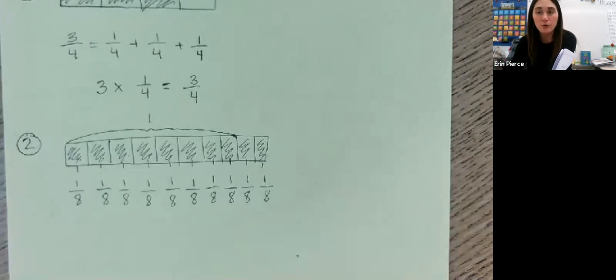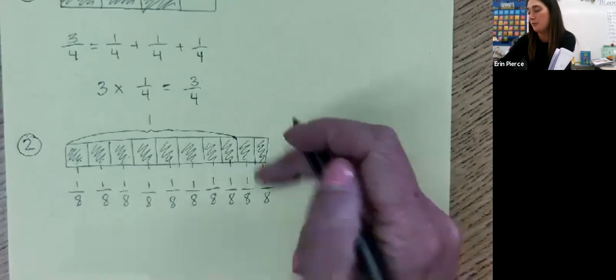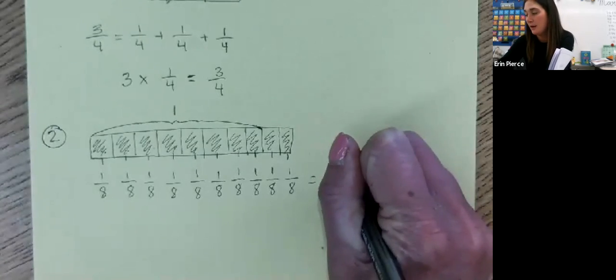How many total eighths do you have? And what is our fraction? So if you said we have 10 total eighths, our fraction would be 10 eighths.